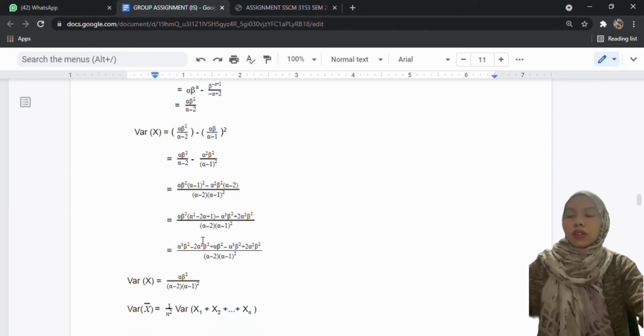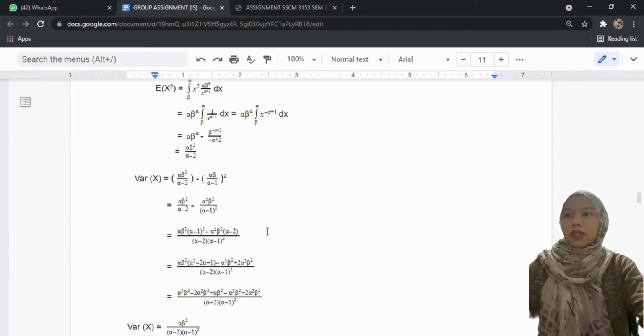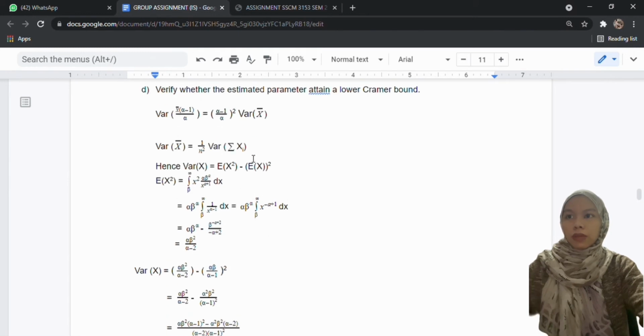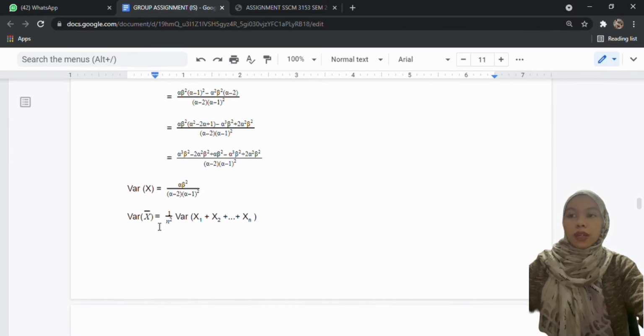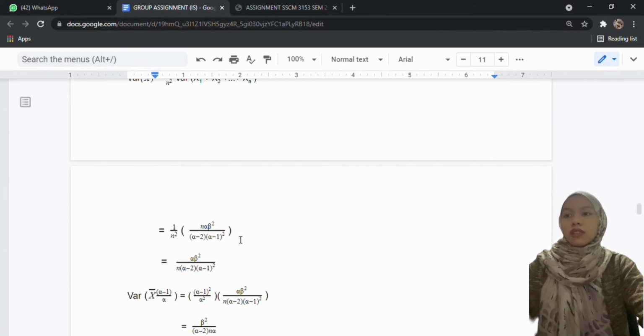After we expand it and everything, we will have alpha beta squared over alpha minus 2 times alpha minus 1 squared. Based on this, 1 over n squared var of the summation of xi, we have var of x bar equal to 1 over n squared var of x1 plus x2 until plus xn. So 1 over n squared times n alpha beta squared over alpha minus 2 times alpha minus 1 squared.